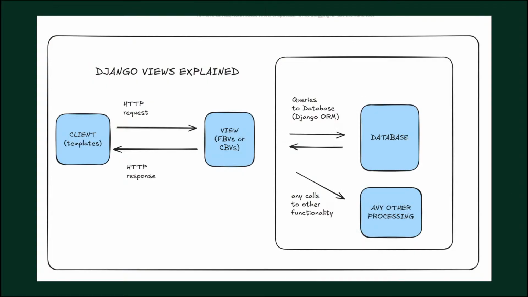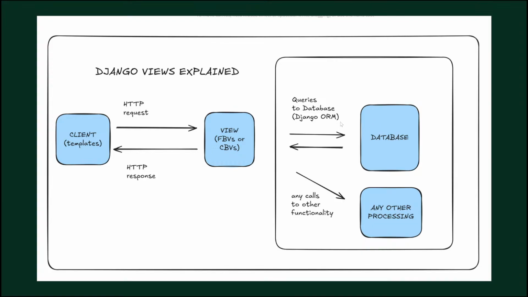This right here is a very simple diagram I've created for the sole purpose of letting you guys understand how views work. So on the client side, which are your templates, you're always going to be making requests. When you click a link and go to another page, or when you, let's say, try to visit a certain page on the website, you are making a request to a server through a view. It is through the view that you can then query the database.